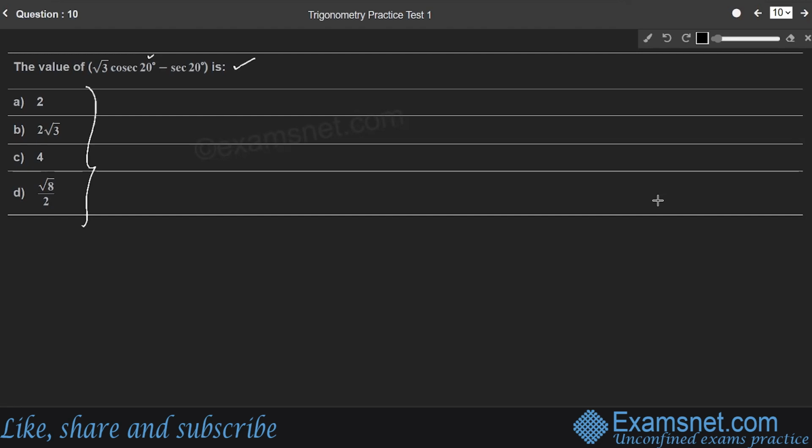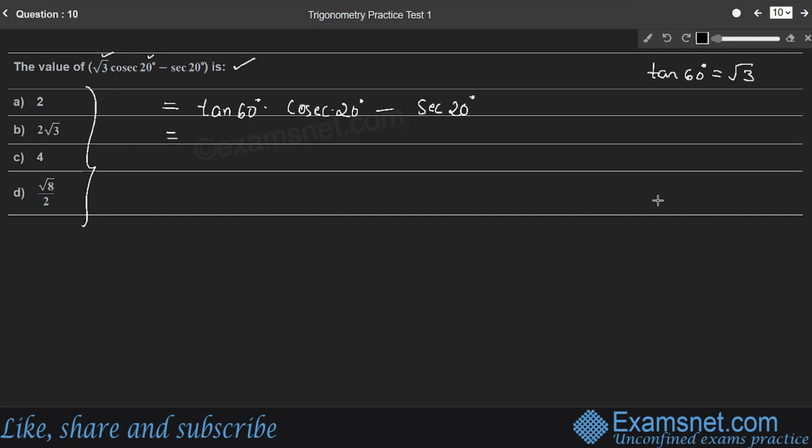So for that, in the given expression, we'll consider root 3 as tan 60, because the value of tan 60 is root 3, right? So tan 60 degree is equal to root 3. So tan 60 degree into cosecant 20 degree minus secant 20 degree, right?